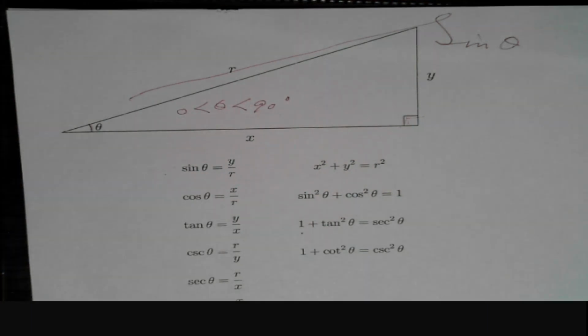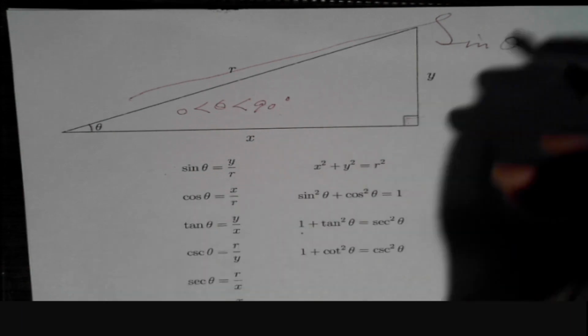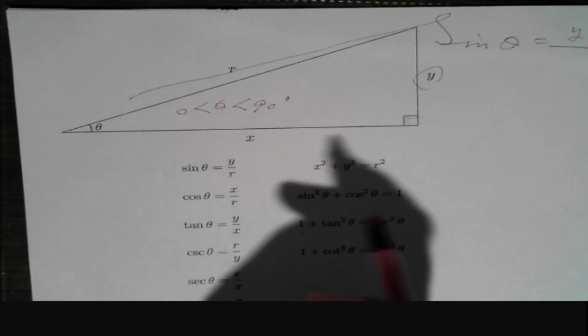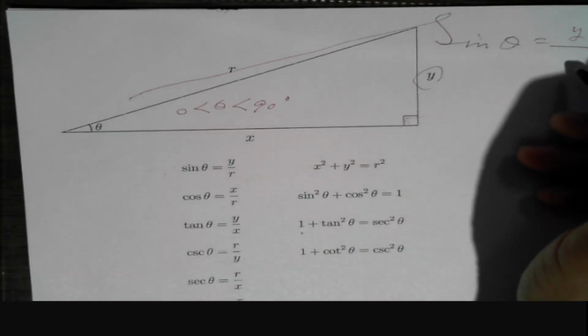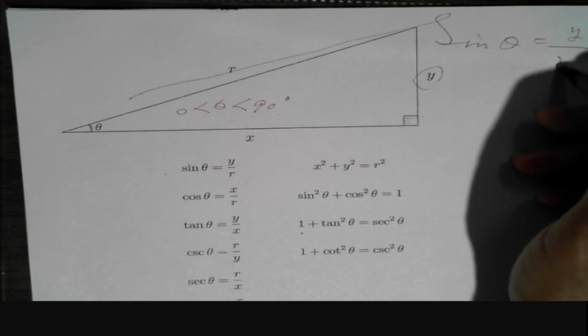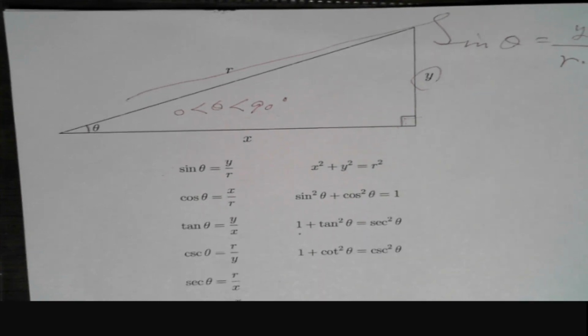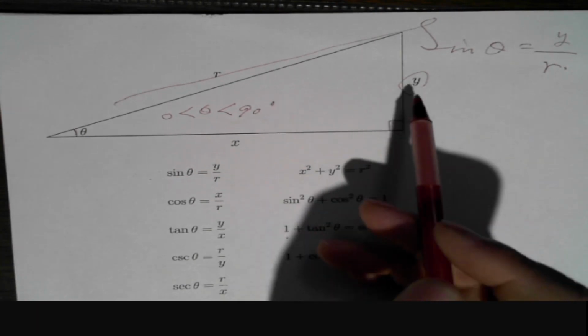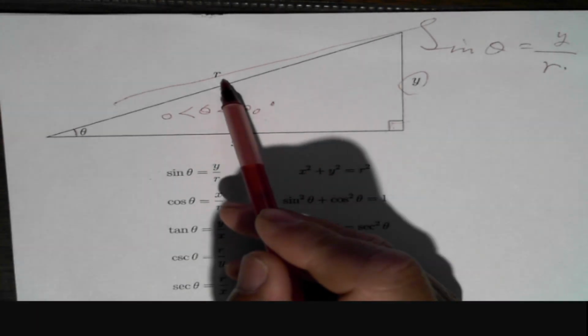And when you write down the initial of each function, the ending part will be the numerator here, y, and then the starting side will be the denominator here, r. Okay? That is the definition of sine. So sine is opposite over hypotenuse.